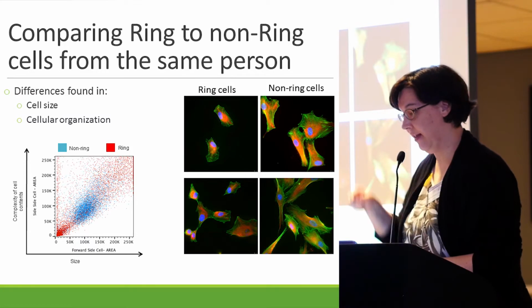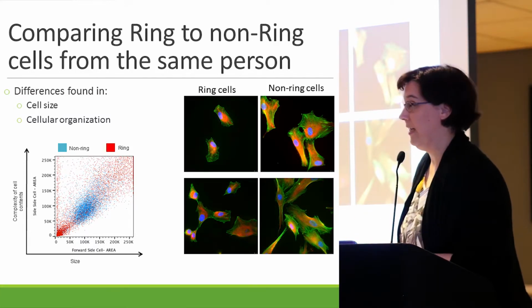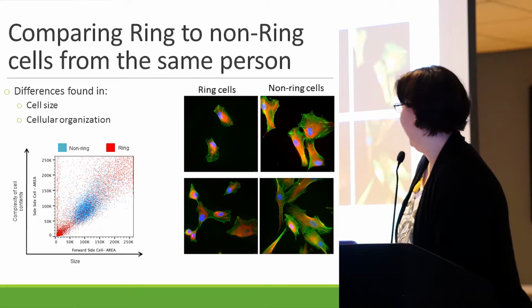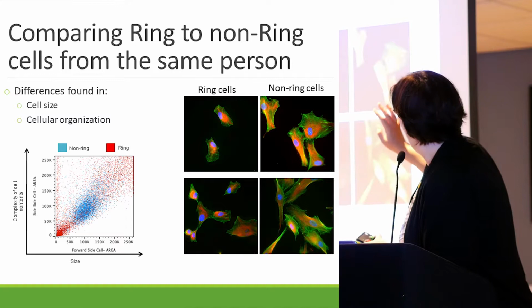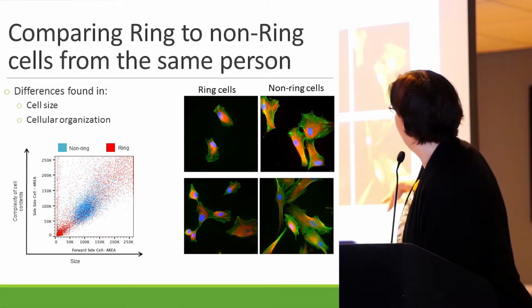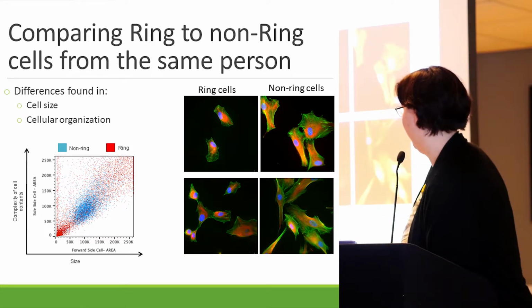So one of the things that we were seeing with what a ring does is that cells that have a ring are different than cells that do not have a ring. They have different sizes, and you can see on the left are the ring cells, and on the right are the non-ring cells, and just visually you can see that the cells do look different from one another.